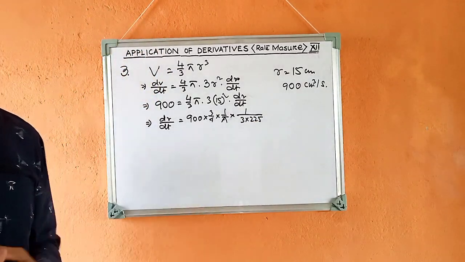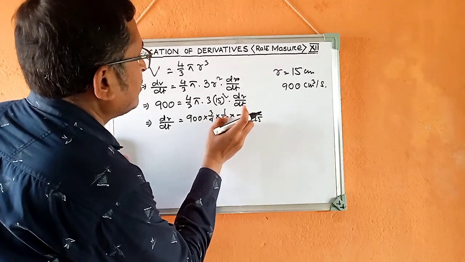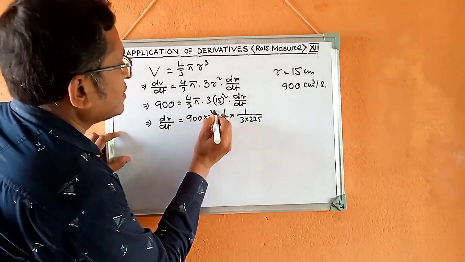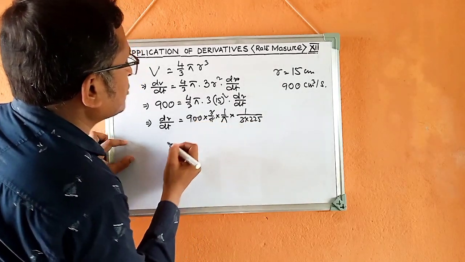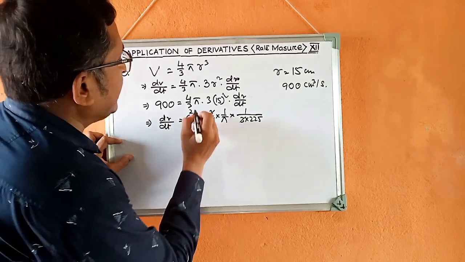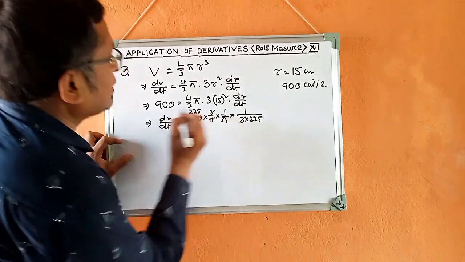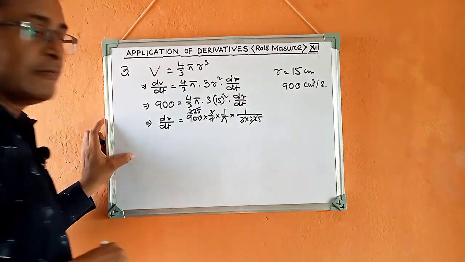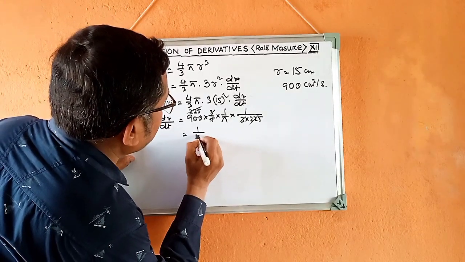Now see, after calculation, 1/π. Let's calculate: 3 cancels, 4 times 225 equals 900, and both cancel. So the remaining is 1/π.